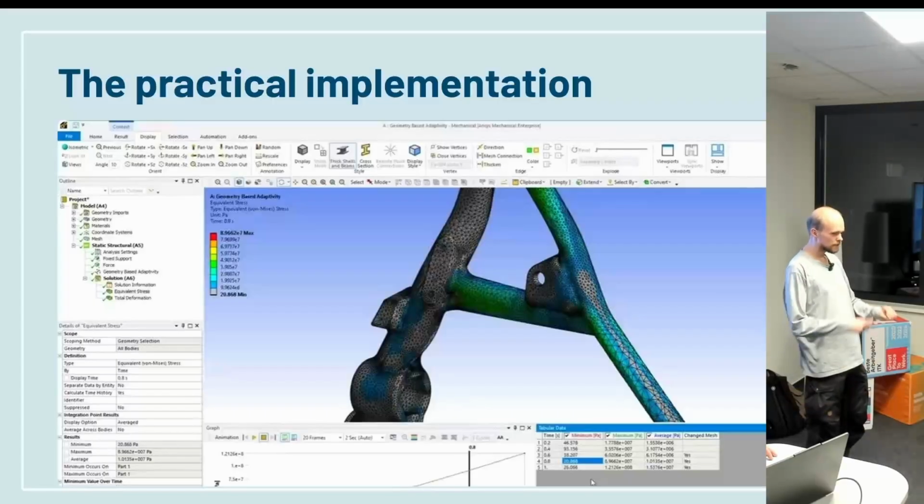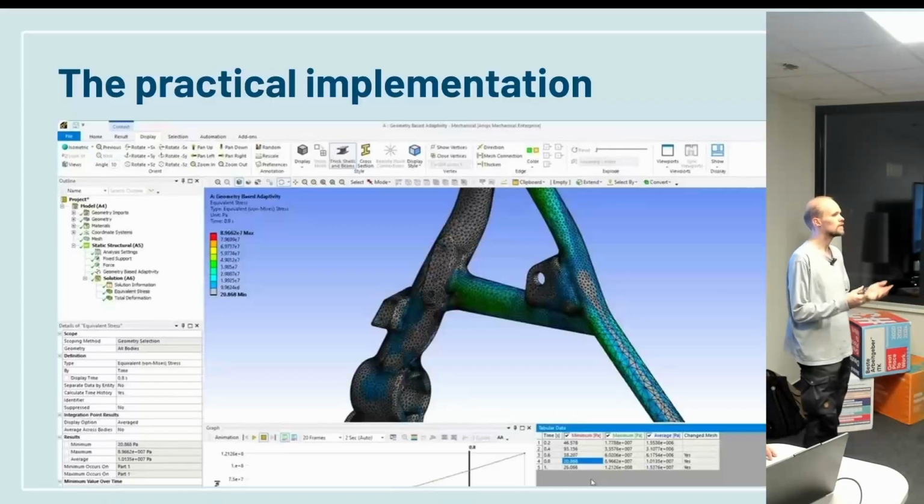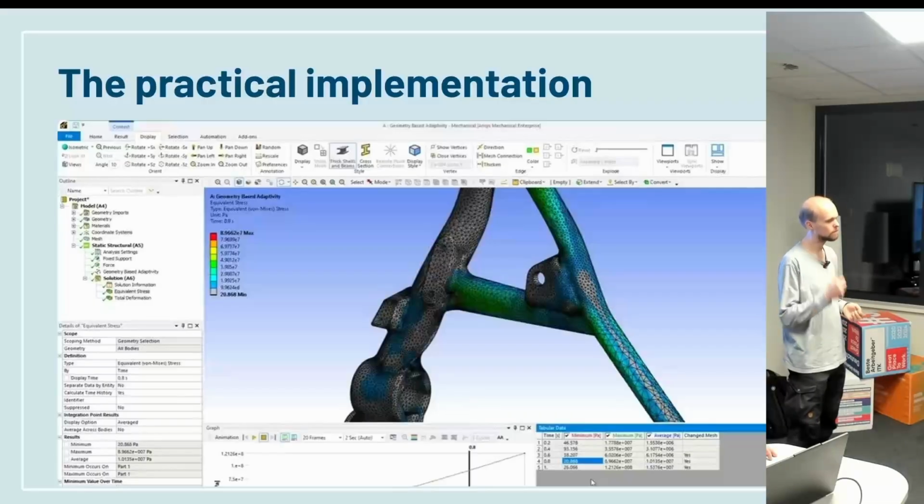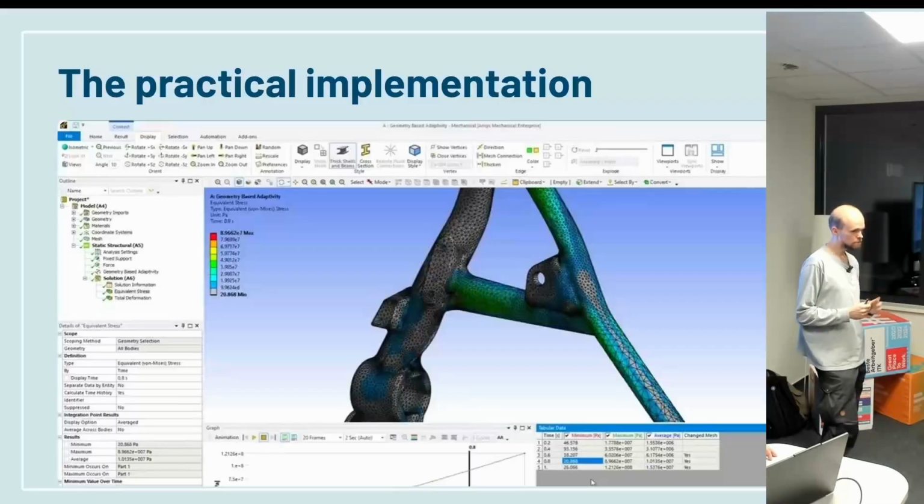So the finite element method is, at its core, a method to solve partial differential equations. And the Navier-Stokes equation is a partial differential equation. You can solve it with that. People do. For fluids especially, many people don't use finite elements. They rather use finite volume theory.